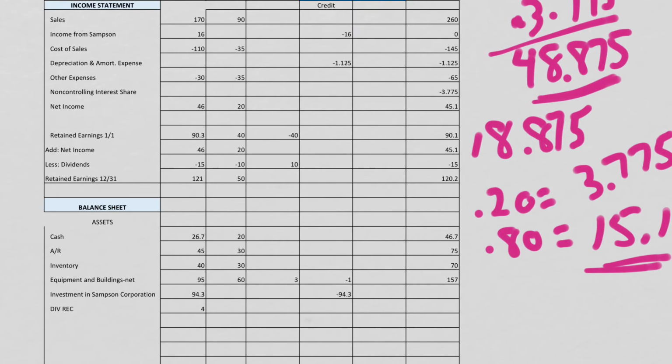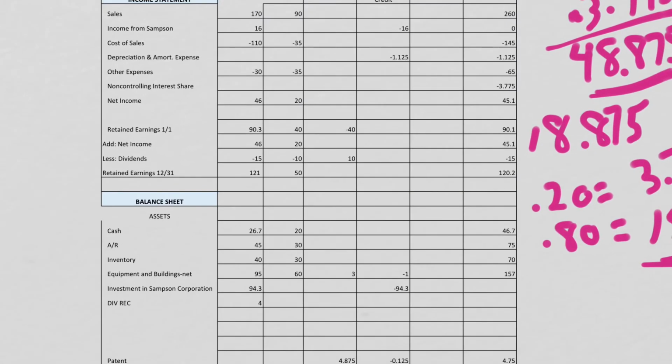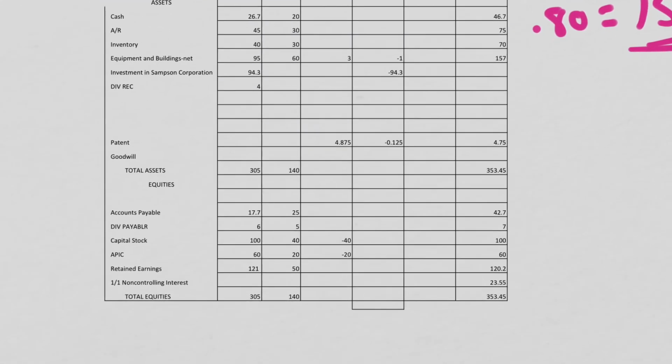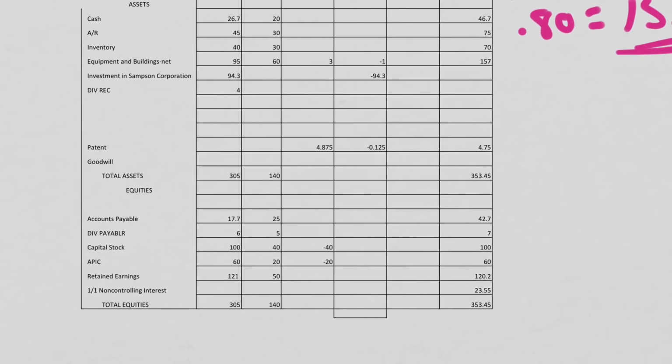What we want to do now is see what the ending balance for non-controlling interest should be. Since this is a 2-year problem, we could take from the year before what it was.